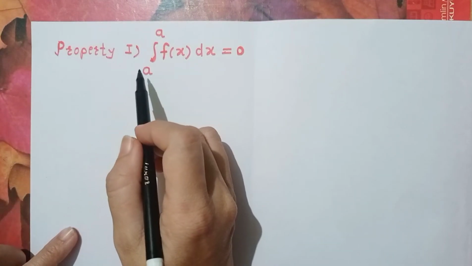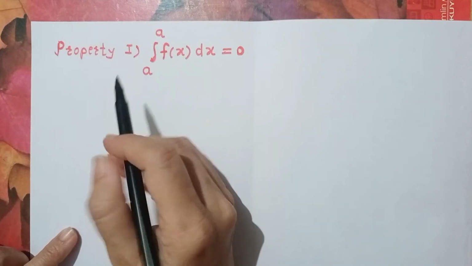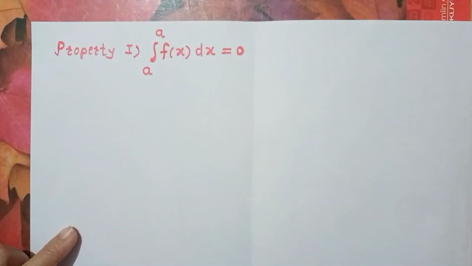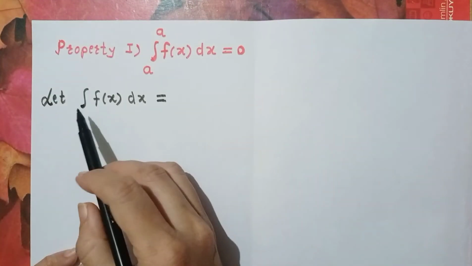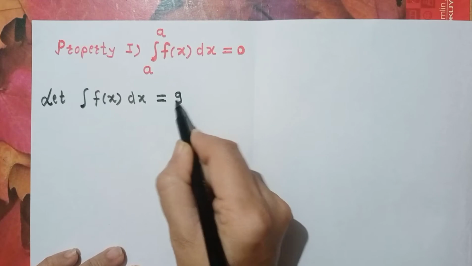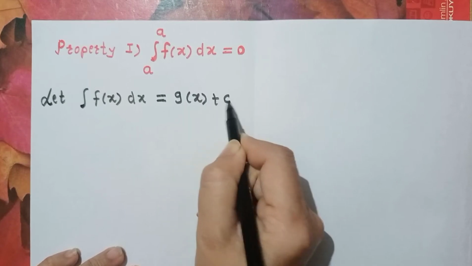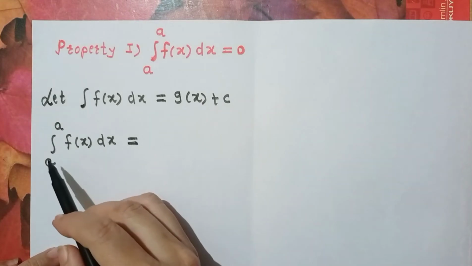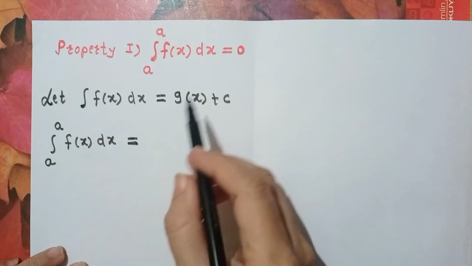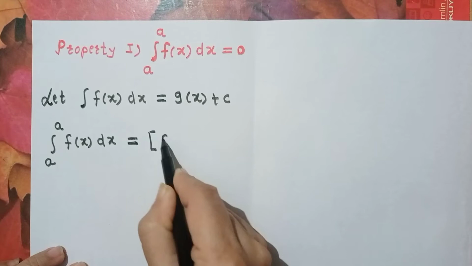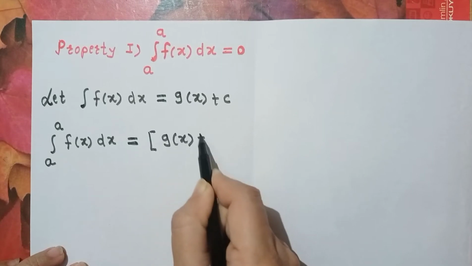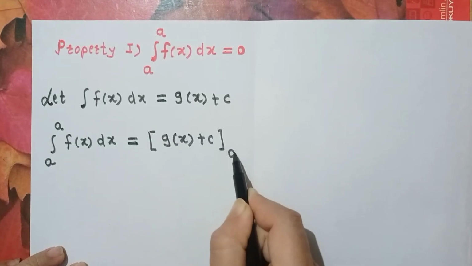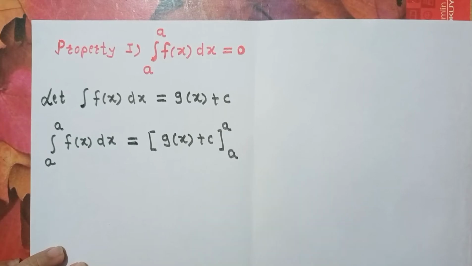Let's check this first property, integration a to a f(x) dx. So again we will assume integration f(x) dx equal to g of x plus c. Then we will consider this LHS, and here limits are from a to a. So we will write this answer in the box bracket, g of x plus c, lower limit downside, upper limit upside.